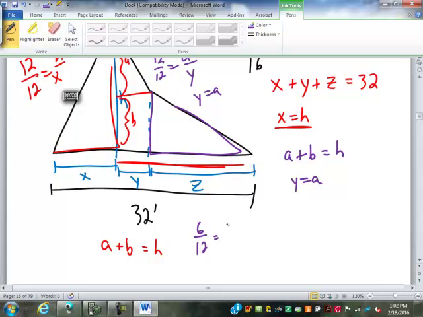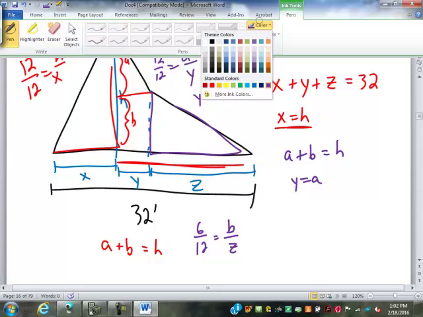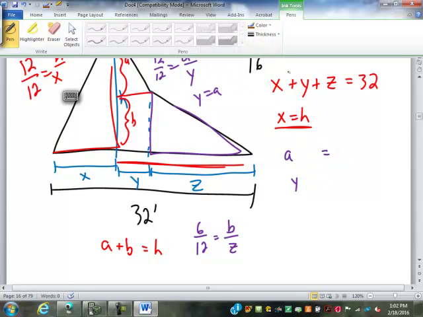We got 6 over 12 equals B over Z. So B equals 1 half Z. Or did I get that backwards? Z equals 2B, or B equals 1 half Z.